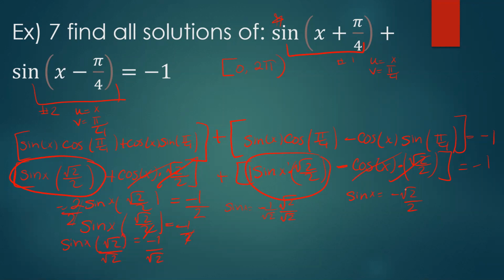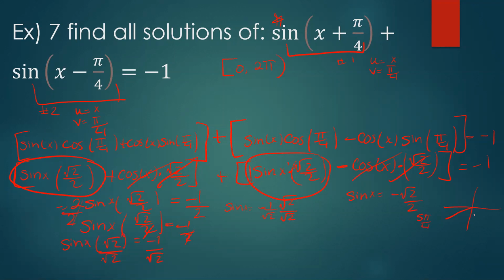This is like saying what degrees or radians is going to give you a sine of negative radical 2 over 2. So you'll need your unit circle. On your unit circle, where is sine negative radical 2 over 2? That's going to be in quadrant 3 and quadrant 4. In quadrant 3, that would be 5 pi over 4, right?